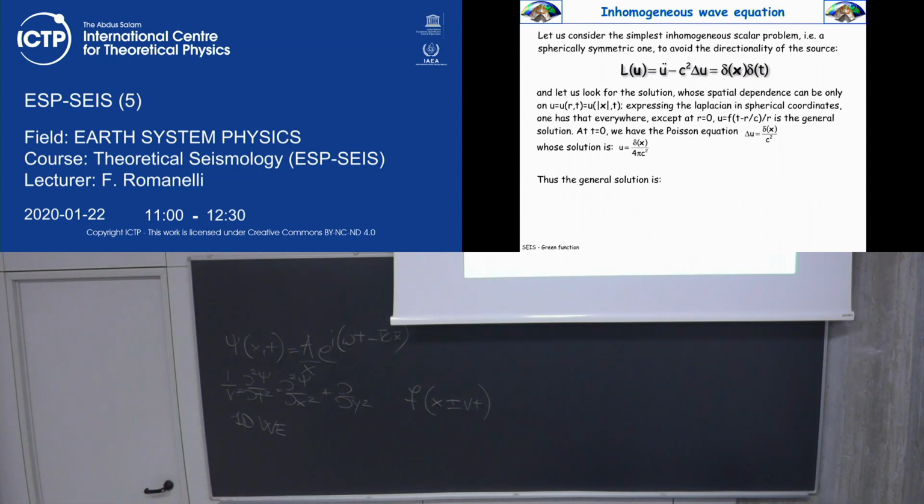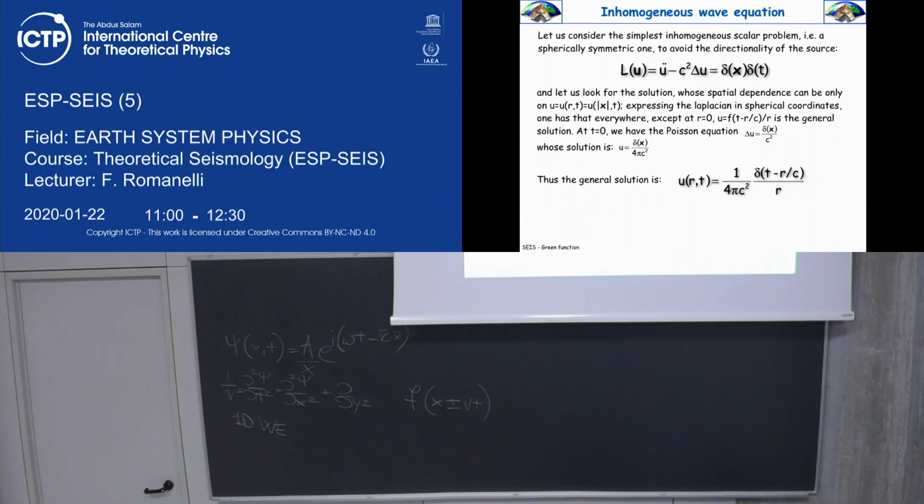And if you want to take care of the normalization in a sphere, a 4 pi is coming here. And the c square is coming here because it's here. So for this problem, the general solution is like that. A delta is starting, a delta is going to be propagated.